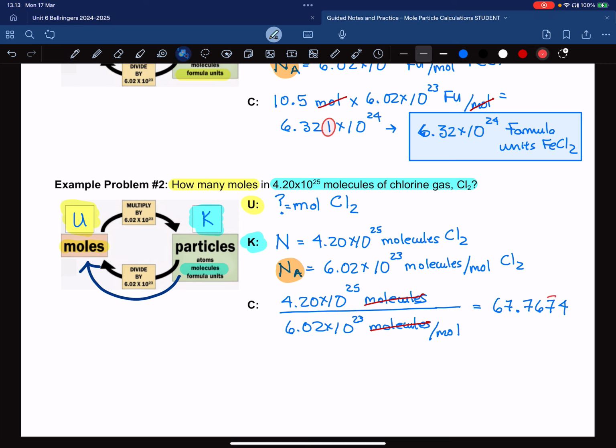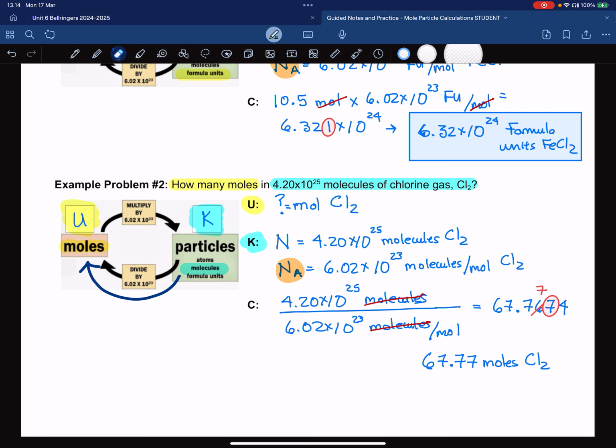So again, I'm looking at my third place. Is it greater than or equal to 5? Yes, it is. So therefore, that 6 is going to be rounded up to a 7. So I end up with 67.77 moles of chlorine.